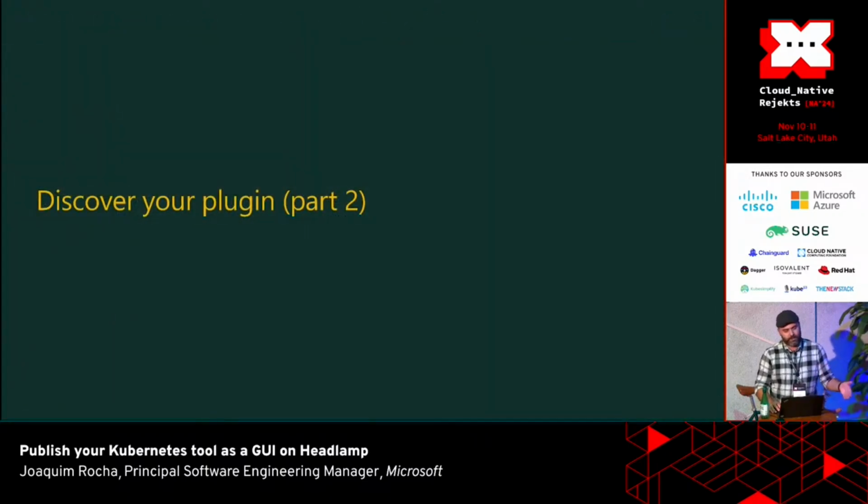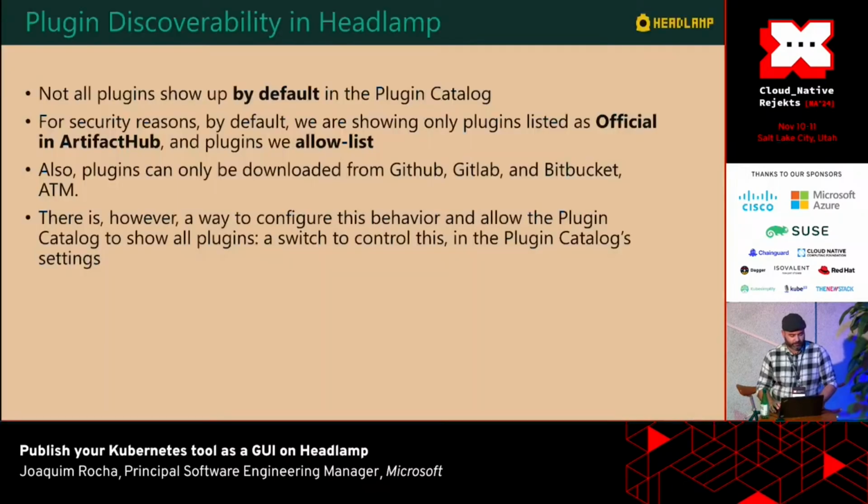Okay, so there's another part. This is the guide for publishing plugins. I think it's super simple, assuming that you want your plugin published in a public way, and that you're fine with having it on ArtifactHub. Now, something to consider is that by default we are not showing all the plugins in the plugin catalog.